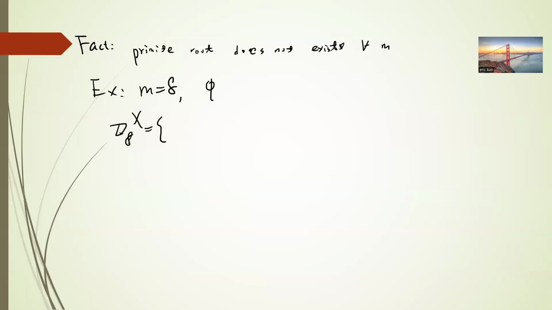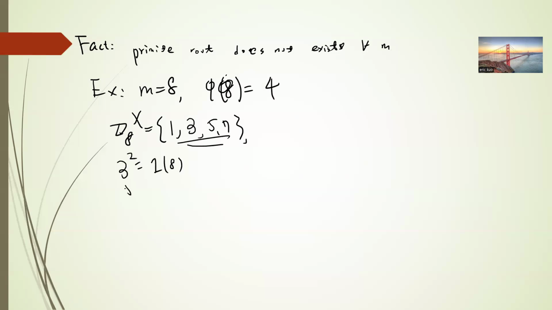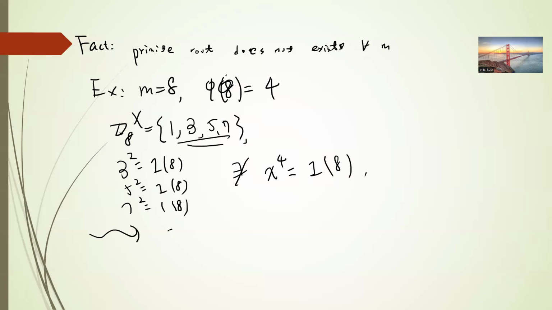This group has all the numbers coprime to 8: 1, 3, 5, 7, and phi of 8 is 4. Check it by yourself: 3 squared is 1 mod 8, 5 squared is 1 mod 8, 7 squared is 1 mod 8. So there's no number x with x to the fourth being 1 mod 8 but x squared not being 1 mod 8. This means there's no primitive root in Z_8.